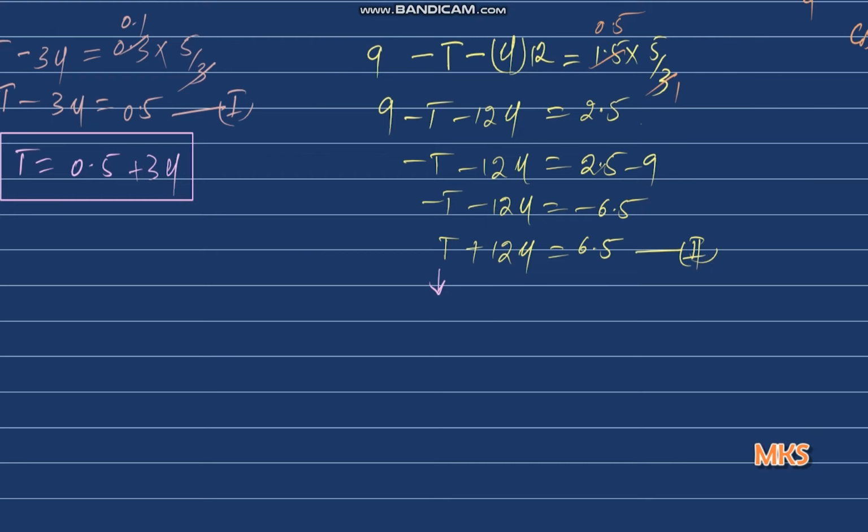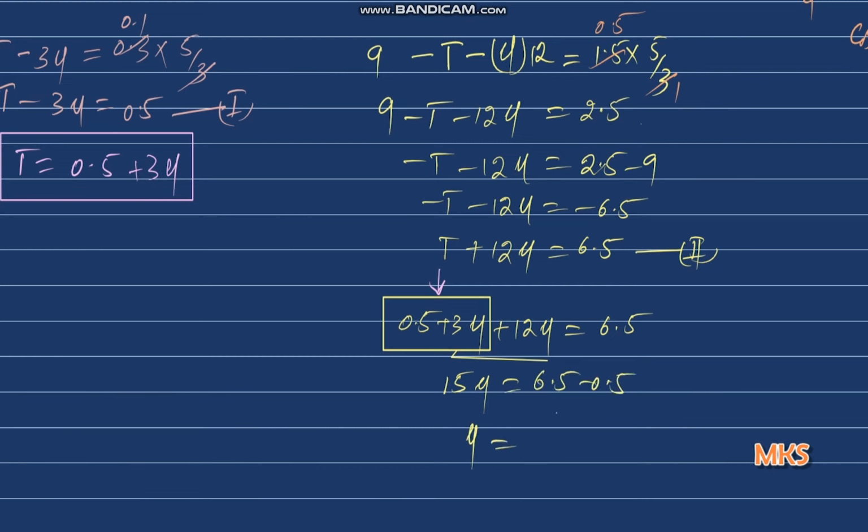So that will become 0.5 plus 3 mu plus 12 mu is equal to 6.5. This is the value of T substituted. So we have now 12 plus 3, 15 mu is equal to 6.5 minus 0.5. So mu is equal to 6 over 15, which is 0.4.